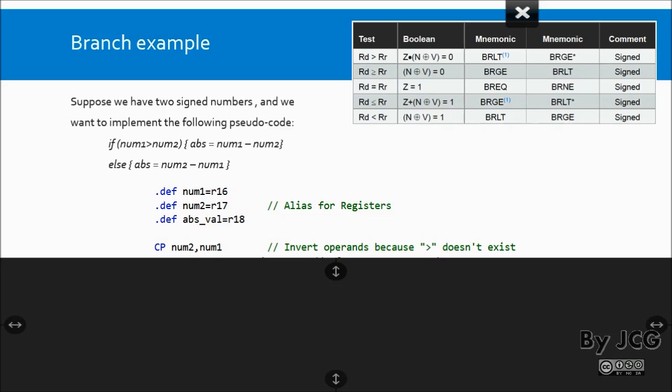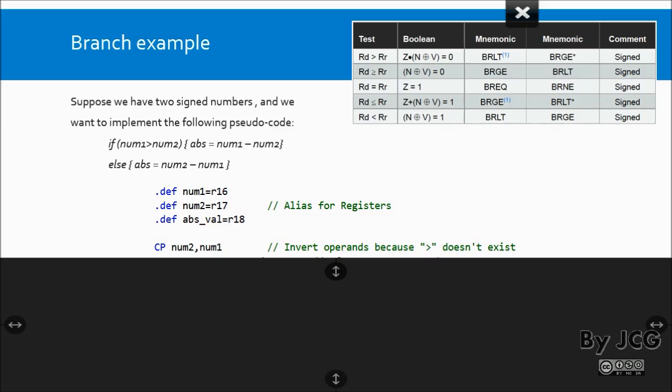That's because we do not have a mnemonic that checks if a number is greater than another number. However, we do have a mnemonic that checks if a number is less than another number. So you can see this comparison in 2 different ways. Either number 1 is greater than number 2, or you can say number 2 is less than number 1.